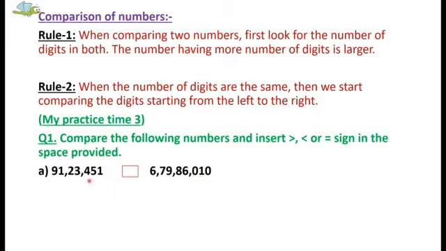As I told you, first we count the number of digits. The first number has 7 digits, whereas the second number has 8 digits. So the second number is greater, and we put the sign like this. Tell me children, which rule is followed here?